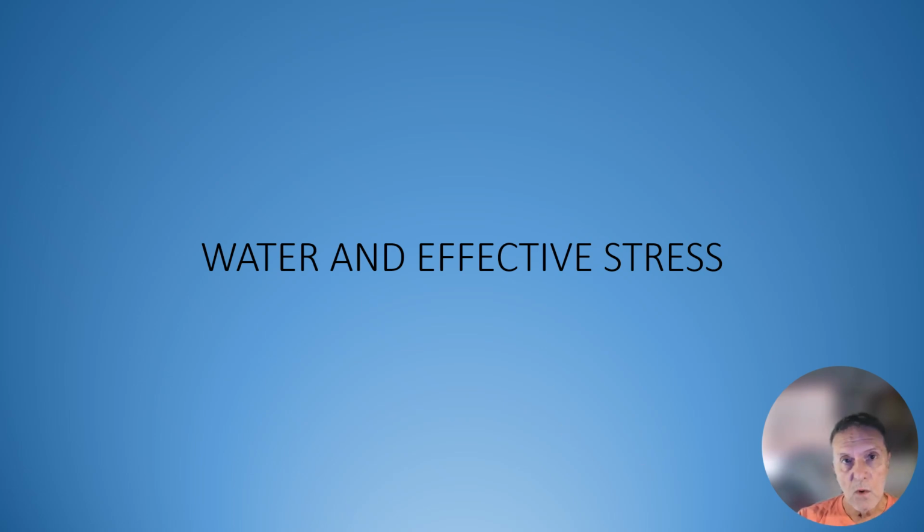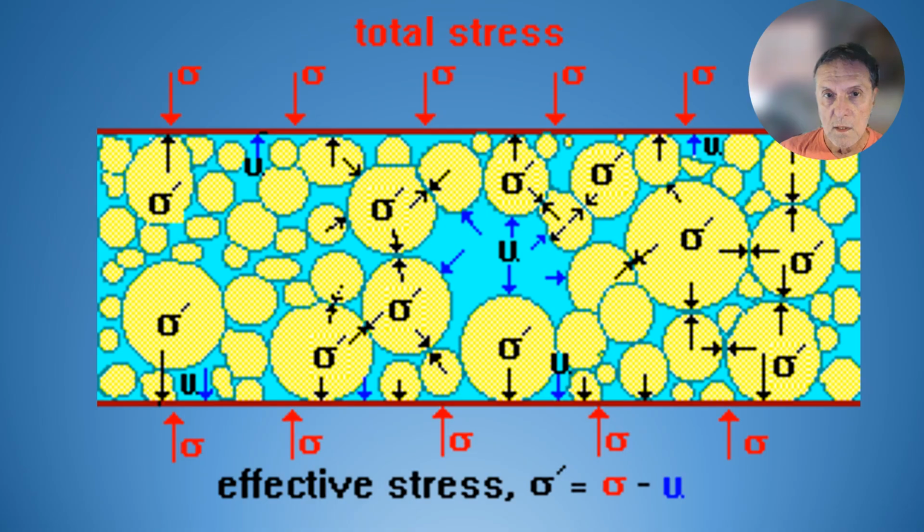So let's talk a little bit more about effective stress. As I explained, effective stress is the stress reduction caused by the imposition of water, which gives us a buoyant effect. So here is a simple diagram.